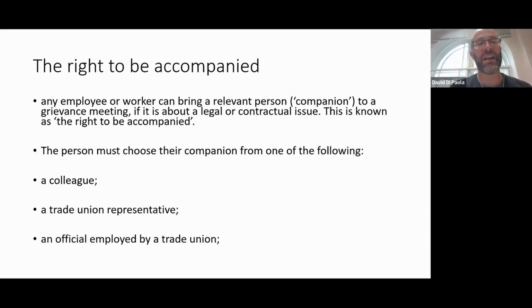So we agreed to let it happen, and that person brought their mother along to their grievance hearing. So something to bear in mind, but the important point to take away is you have a right to be accompanied. The employee must be told about that in terms of any grievance and, as we'll come on to, disciplinary action as well.